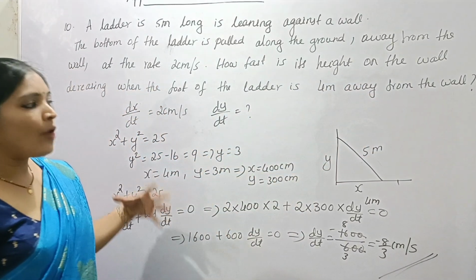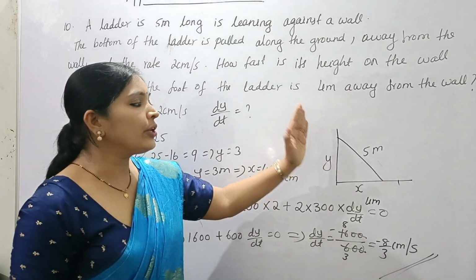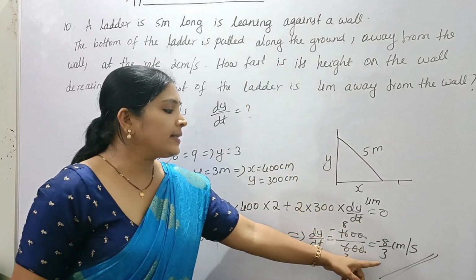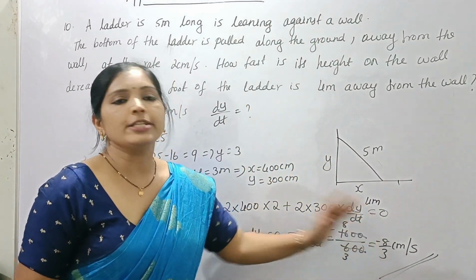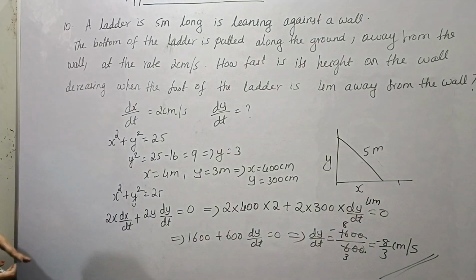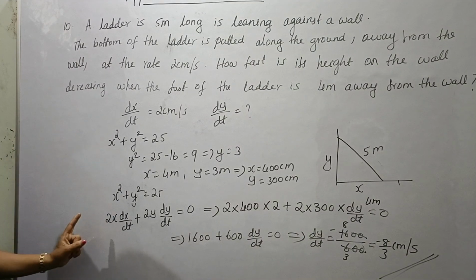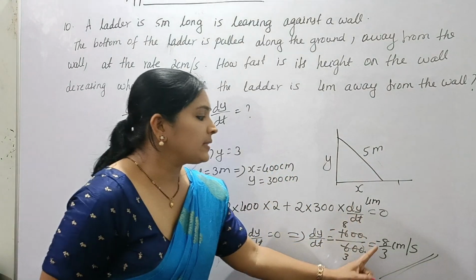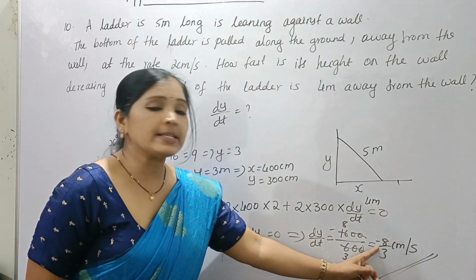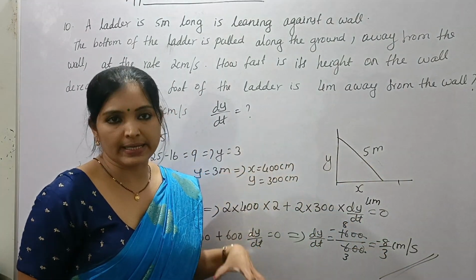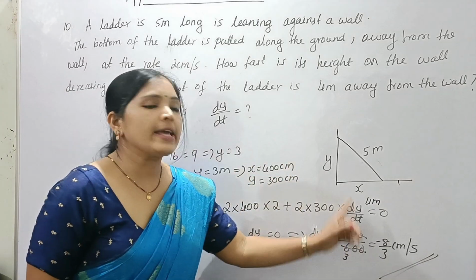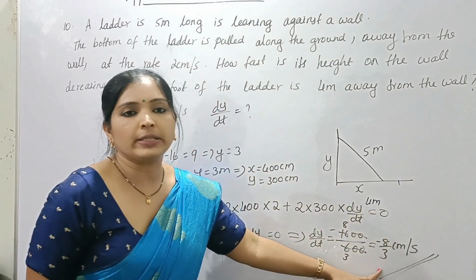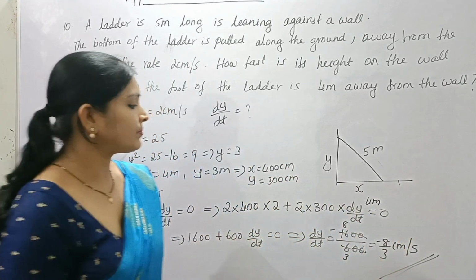That is, the height of the wall is decreasing at the rate of 8 by 3 centimeter per second, because since it is minus, we should say it is decreasing. So the height of the wall is decreasing at the rate of 8 by 3 centimeter per second.